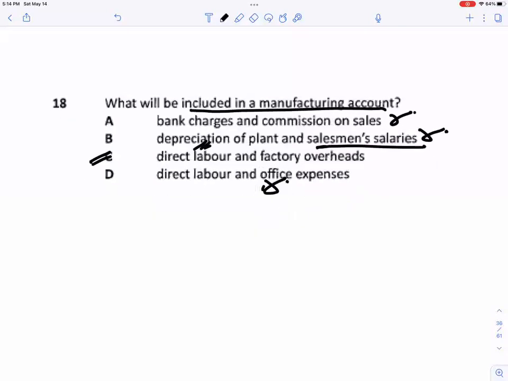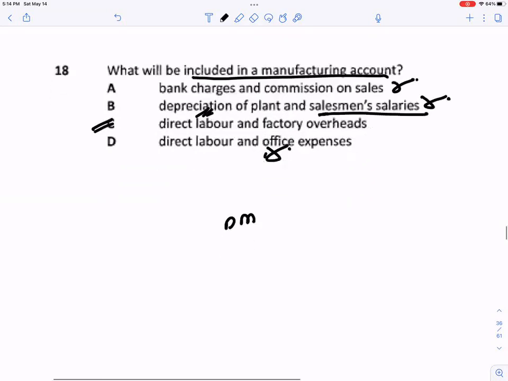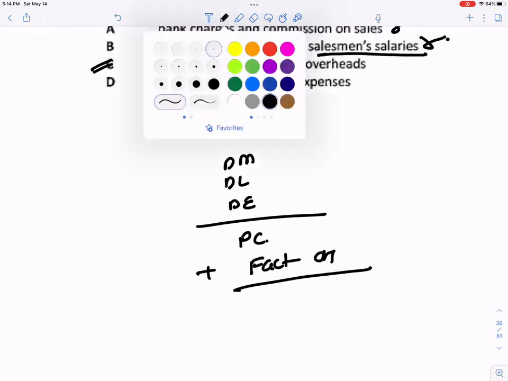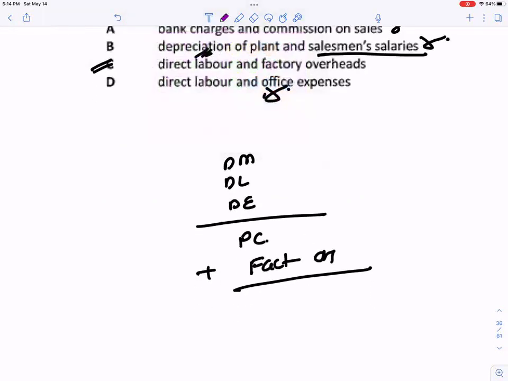So manufacturing account is made up of what? Direct material, labor, and direct expense will give us the prime cost. Prime cost plus the factory overheads will give us manufacturing cost.